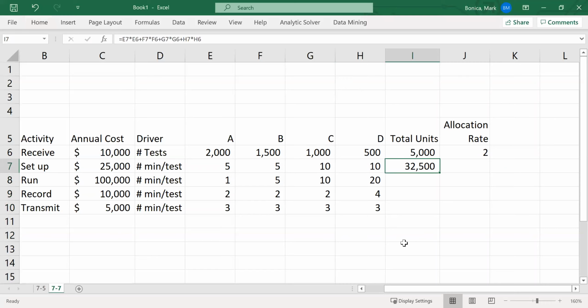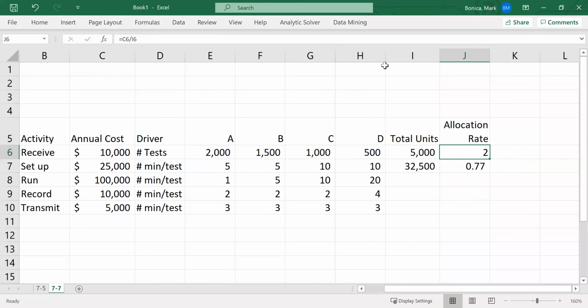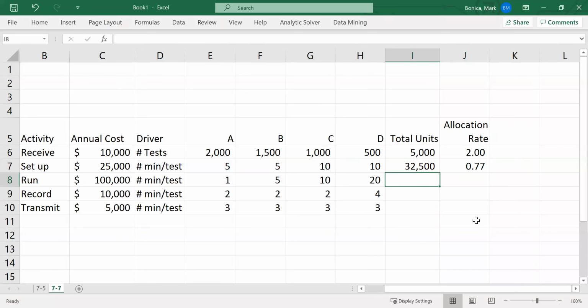Since we know the total minutes and we have a total cost of 25,000, the allocation rate per minute of setup is $25,000 divided by 32,500 minutes. I'm going to round that. Now everything looks nice.